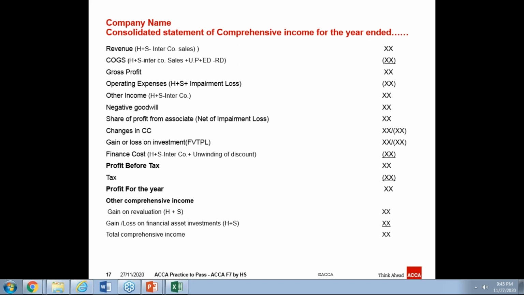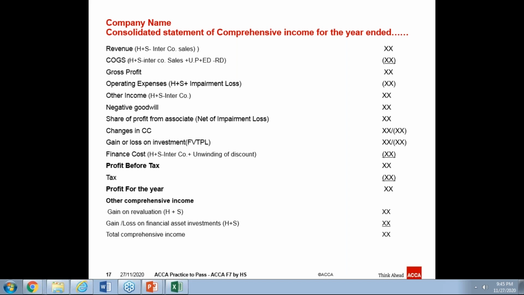One more thing that I usually recommend to students is that in the last 2 or 3 days before the examination, don't go towards the book or even go for the exam kit. Just focus on the formats. Like you should know what is the format of the goodwill. You should know the format of the retained earnings, consolidated P&L, consolidated balance sheet, how you can calculate the consolidated property, plant and equipment.